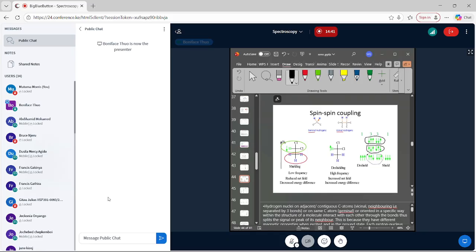Similarly, these are the same, okay? Then you can also have another situation where all of them are in the higher energy state. That is one condition. You can also have another situation where all of them are in the lower energy state.